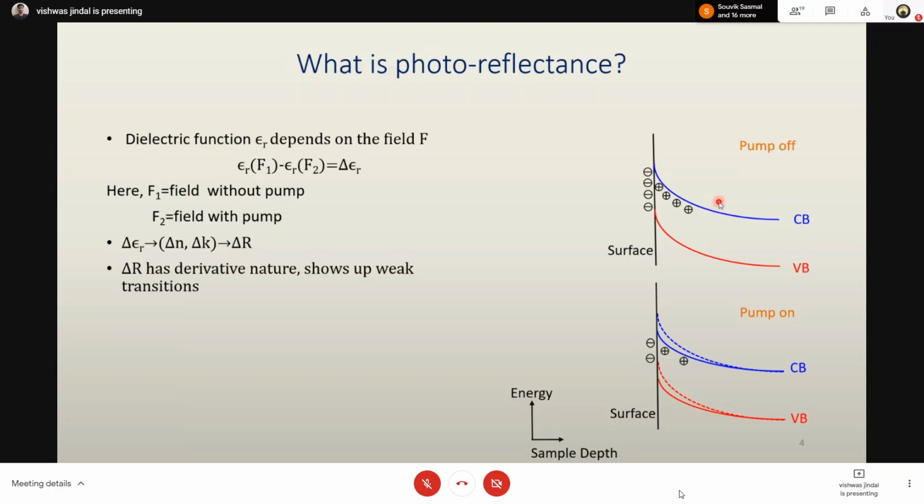It depends on what kind of charge carrier concentration there is at the surface, what kind of charge carriers are being trapped at the surface. Let's say we don't know which way it's bending.